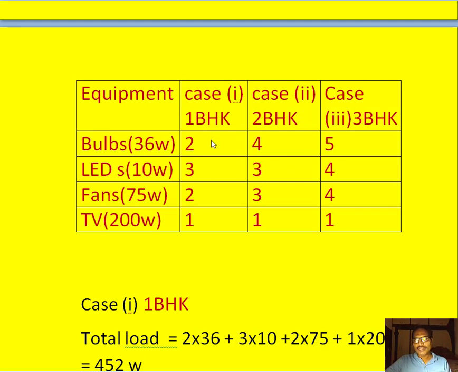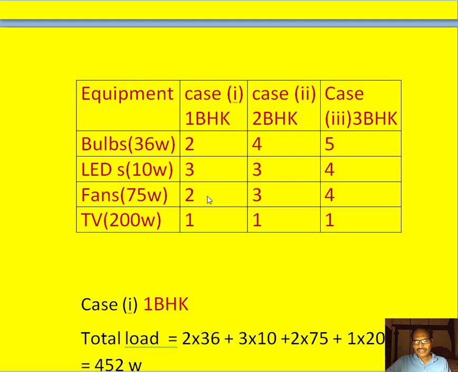When you take the 1 BHK house, we find two tube lights, that is 36 watts bulbs, and in the second case, that is 2 BHK, the number of bulbs we use is 4, and in case of 3 BHK we use 5 bulbs. Similarly LEDs of 10 watts: 3 are used in 1 BHK, in 2 BHK we use 3, in 3 BHK we use 4.